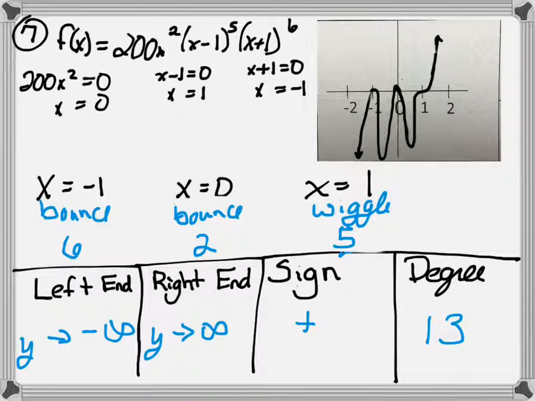It was even positive. They both went to positive infinity. It's like a field goal. So if it was even and negative, they both went where? Negative infinity. So your arms kind of drop.